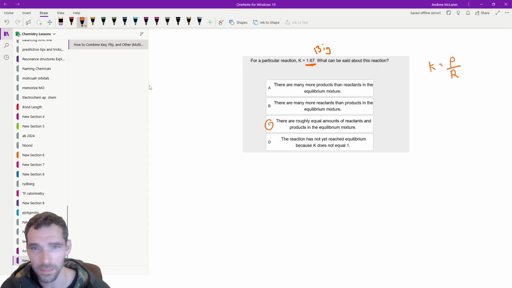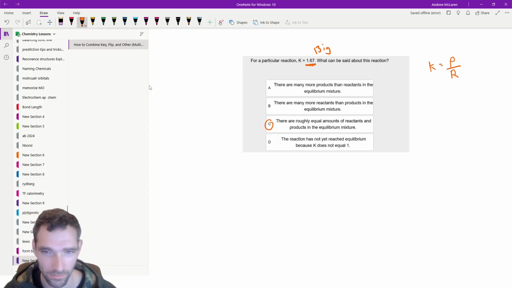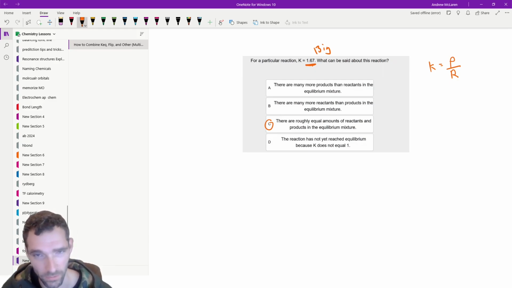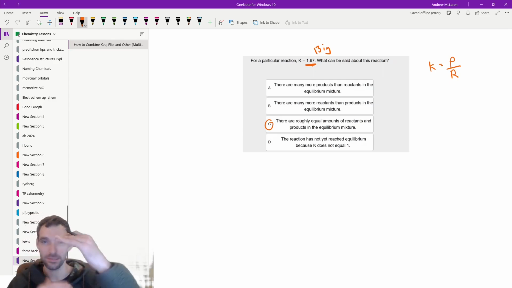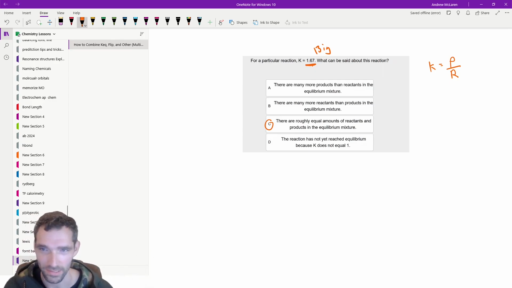There's a bit more product than reactant, but it's not a ton. These things can be 10 to the 3rd power, 4th power, 5th power, very normal, or 10 to the negative 5th power. All of those are normal values. So this is pretty balanced in terms of orders of magnitude. It's not 10 times bigger or 100 times bigger, product to reactant.